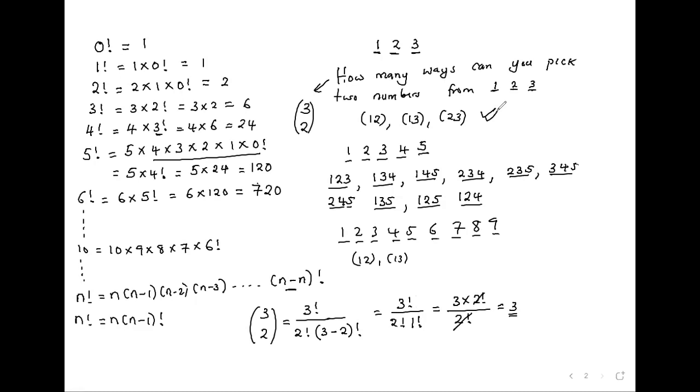What about this one? We had 1, 2, 3, 4, 5, and we're getting 3 at a time. So we had 5, 3. This will be like 5 factorial over 3 factorial, and then 5 minus 3 factorial. So we have 5 factorial, 3 factorial, 2 factorial.